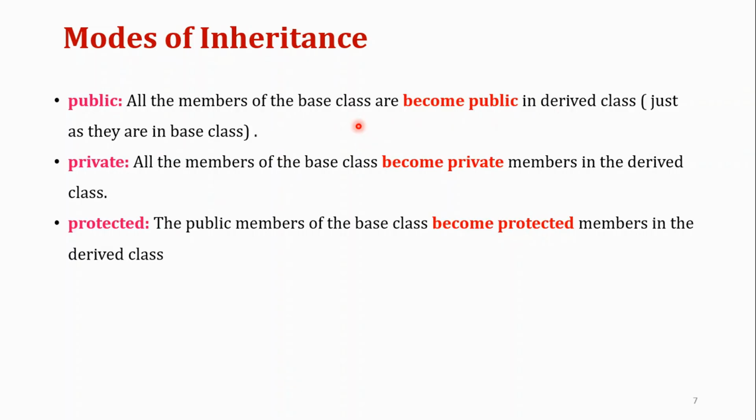Coming to private, if you inherit the members in a private mode, all the members of the base class become private in the subclass. And the third one is protected. All the public members become protected members in the derived class.